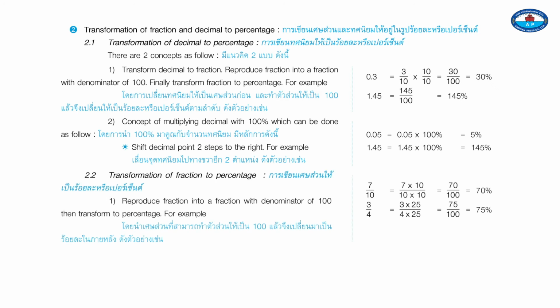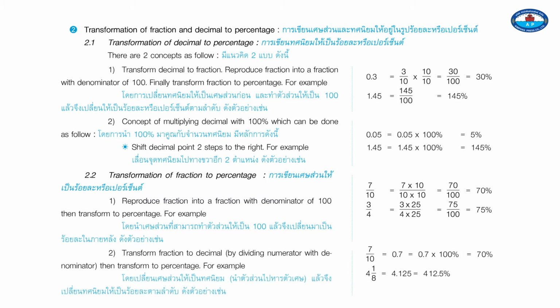2.2. Transformation of fraction to percentage. 1. Reproduce the fraction into a fraction with denominator of 100, then transform to percentage. For example, 7 over 10 equals 7 times 10 over 10 times 10 equals 70 over 100 equals 70%. 3/4 equals 3 times 25 over 4 times 25 equals 75 over 100 equals 75%. 2.